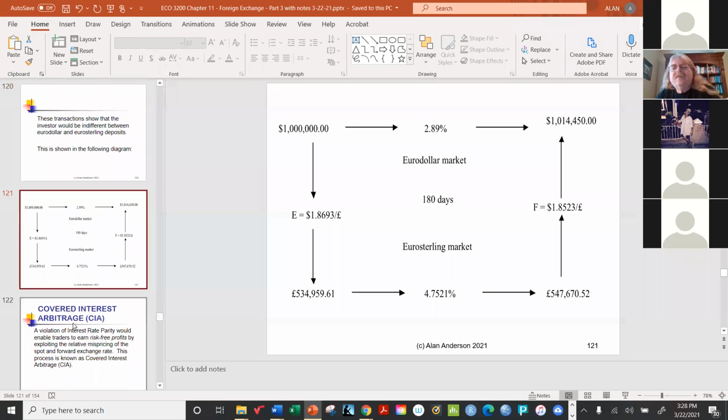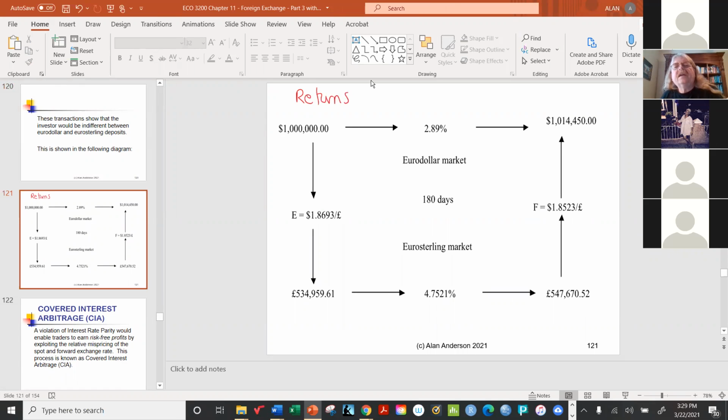Here's a diagram from the original case when everything was fine. The forward exchange rate was exactly equal to the implied value. So over here on the left, you start with $1 million. Actually, in this case, we're not borrowing. This is just here to show that the returns to the two currencies are equal.